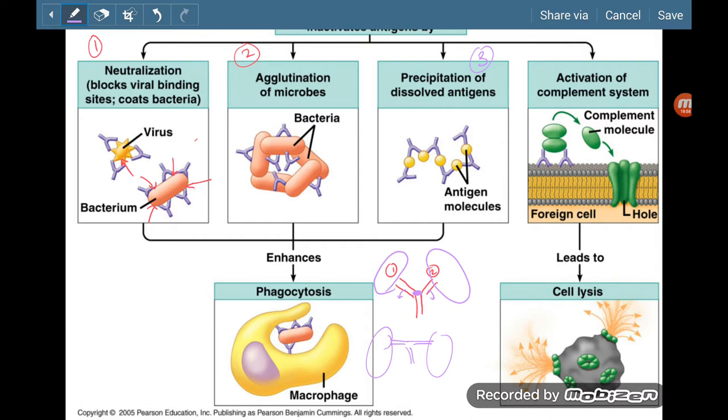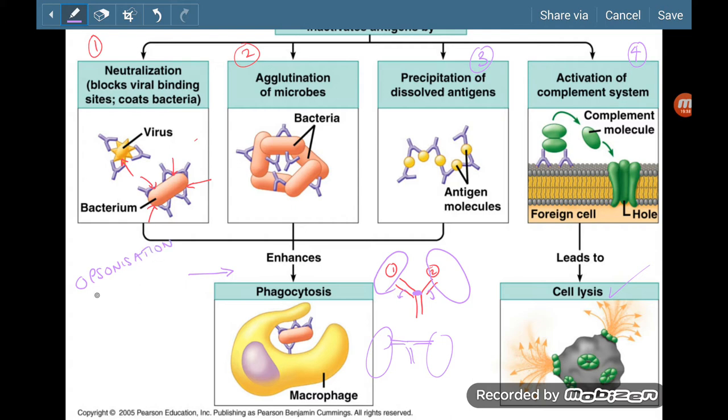You may remember in chemistry you have precipitation reactions, which form a solid. The complement system is a really clever system which causes foreign cells to have holes punched in them, which leads to cell lysis, you can see here. But the one that I want to focus in on, as well as neutralization and agglutination, is enhancing phagocytosis, specifically in a process called opsonization.